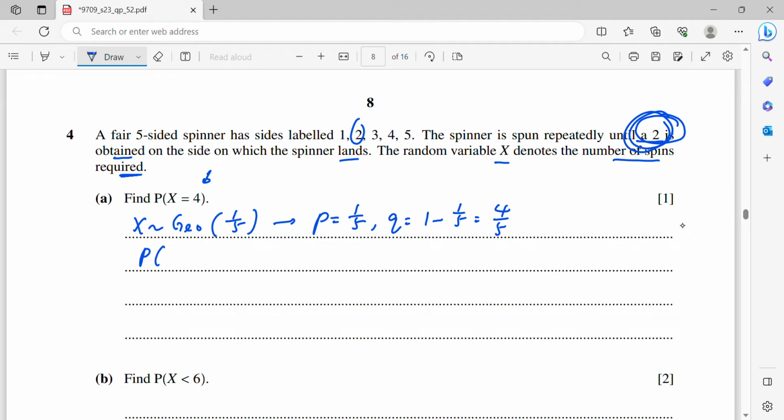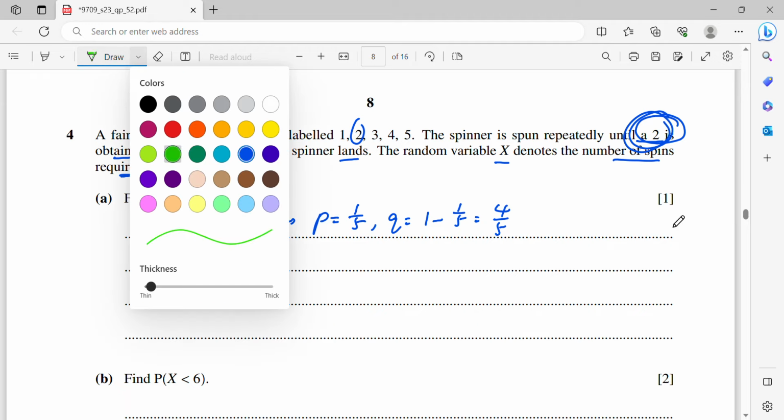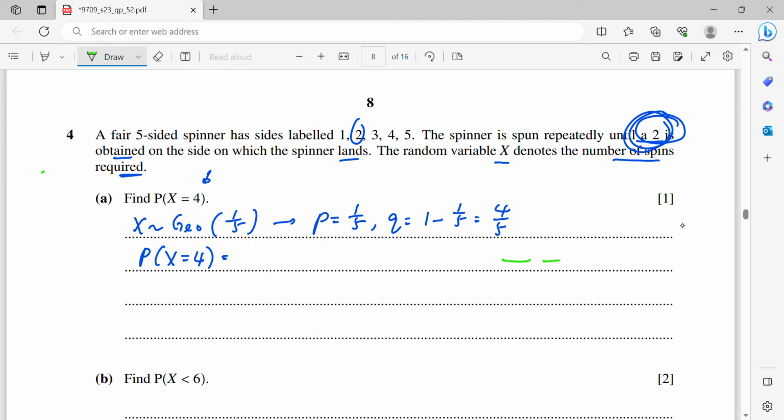Then now when P(X = 4), this means you have run the experiment 4 times. The last one is the success. This is number 2. And it is a first success, which means all previous 3 will not be success.